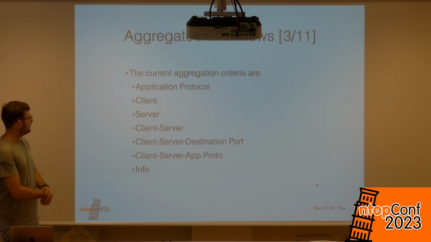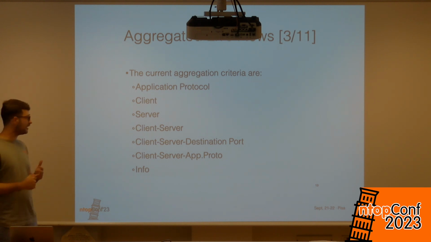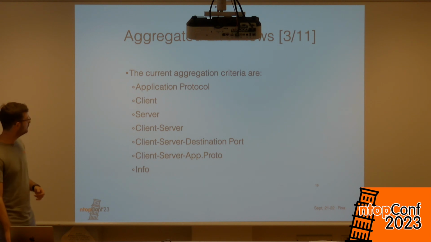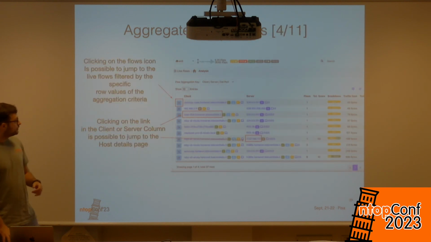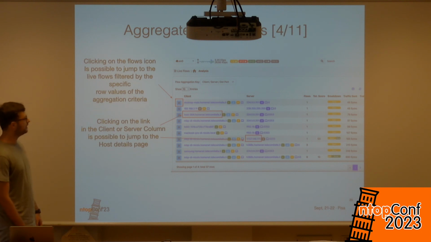And today, the current aggregation criteria are application protocol, client, server, and destination port, the triple client, server and application protocol, and finally info. In this slide you can see an example of the client, server and destination port aggregation criteria page.